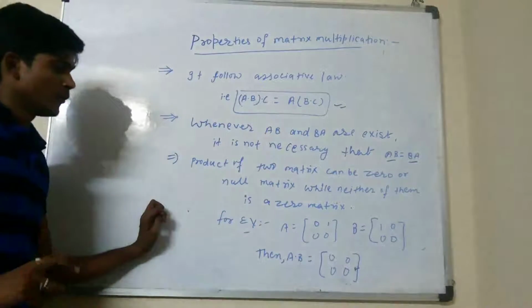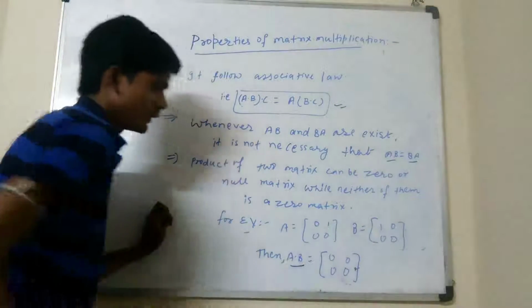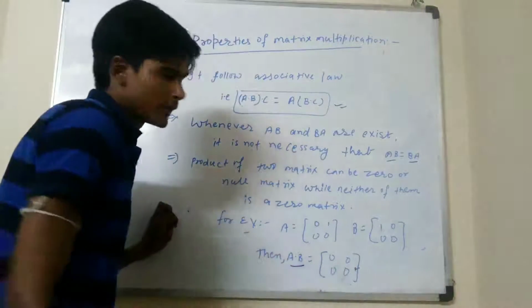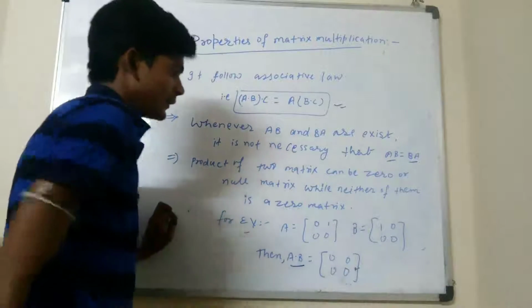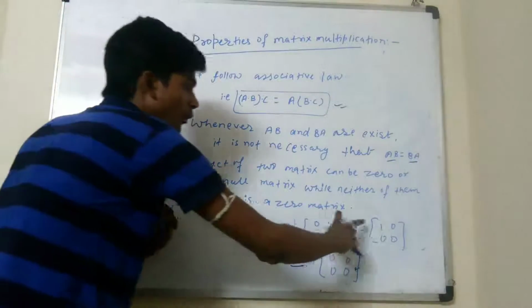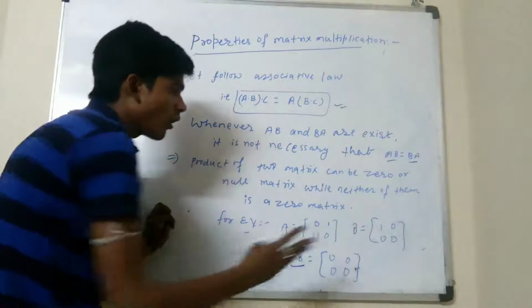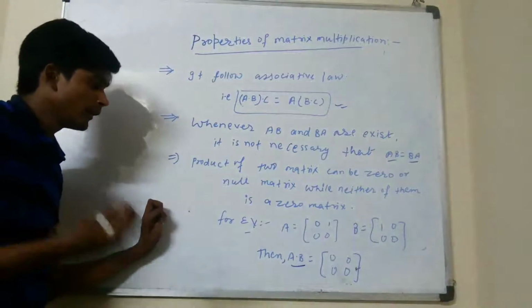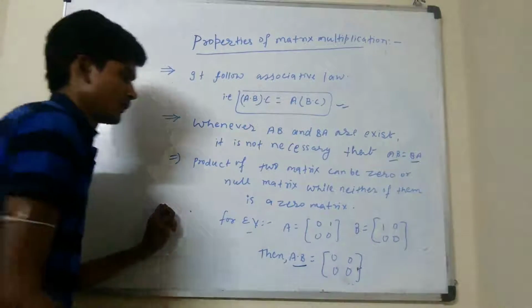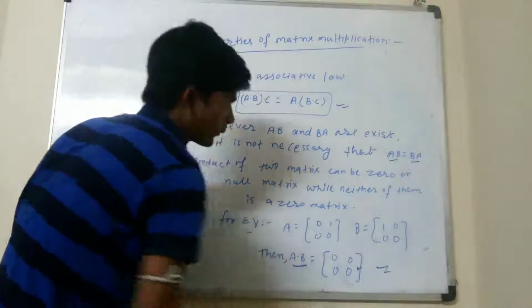If you multiply A into B, then the resulting matrix is 0 0 0 0. That means it is a null matrix. Even if neither A nor B is a zero matrix, the product of the two matrices can be 0. So it might be possible.